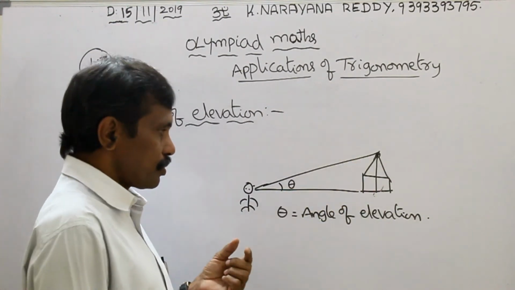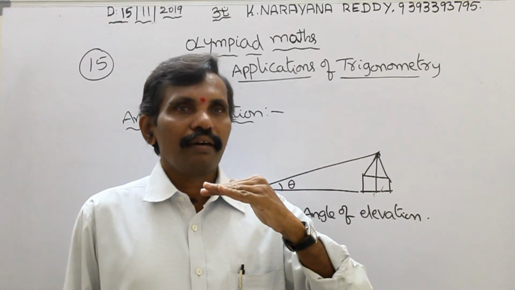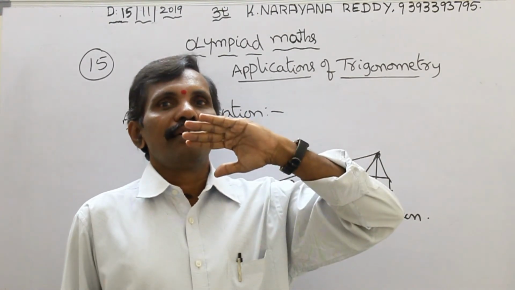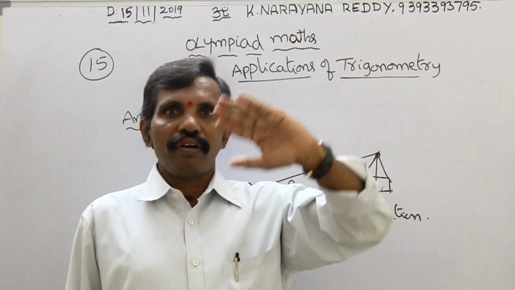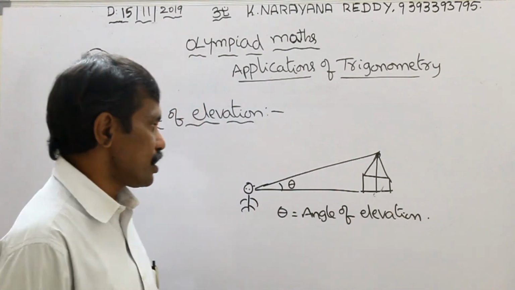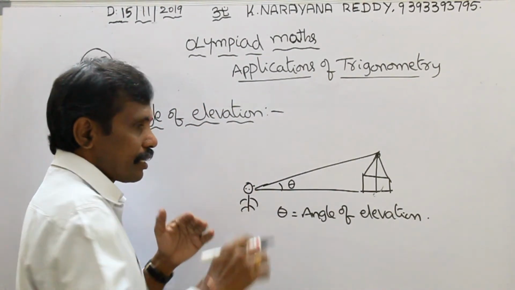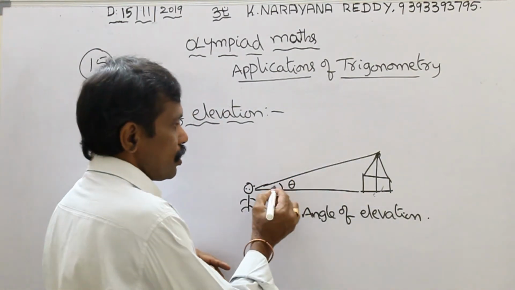If suppose an object is there, the person raising his head to see the object, that type of elevation, raising the head, is called angle of elevation. So, his angle is more in angle of elevation. So, that is this one.